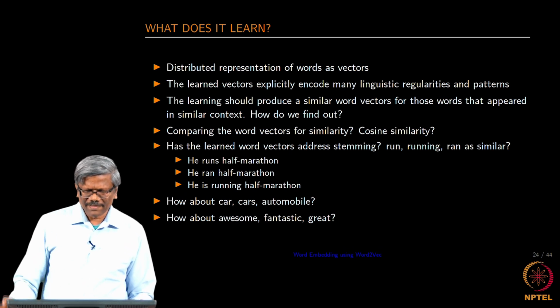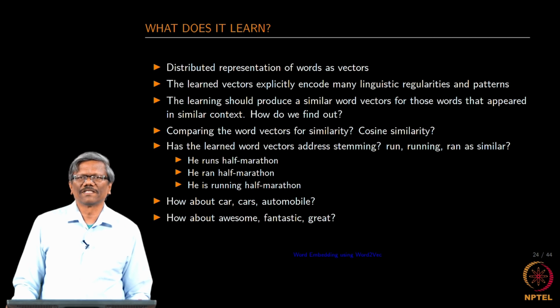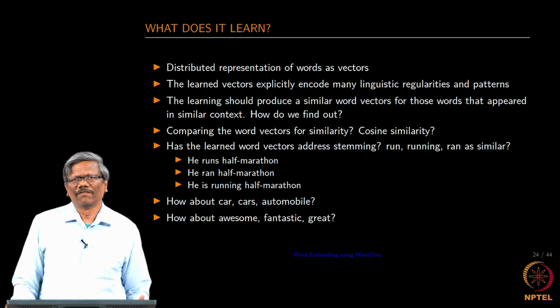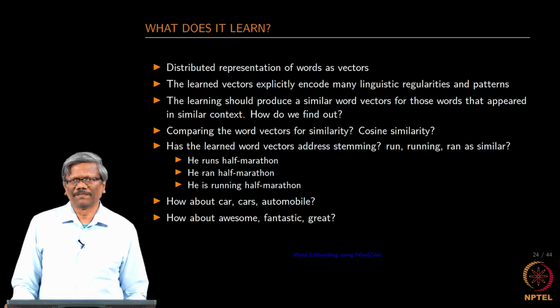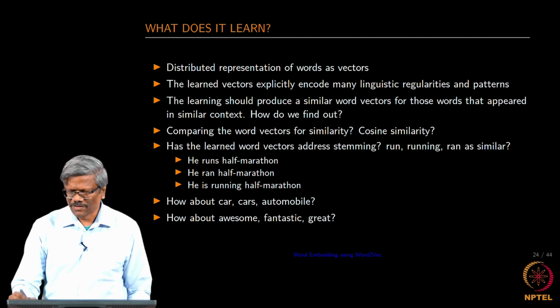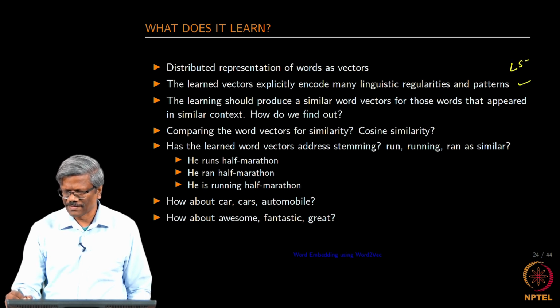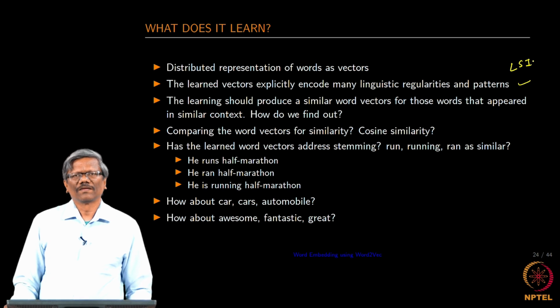The learned vectors explicitly encode many linguistic regularities and patterns. This is a very important aspect that we have to understand, right. We have been talking about this right from the time of LSI, correct.